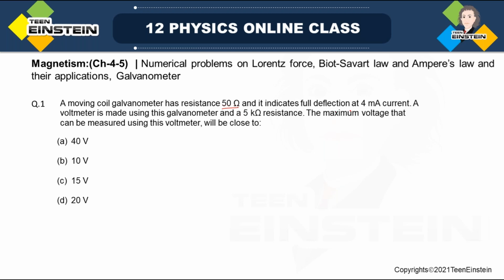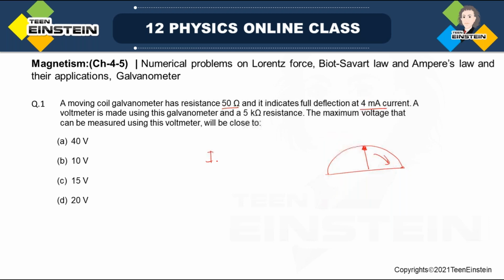It indicates full scale deflection at 4 milliampere current. So what does this mean? Full scale deflection. If you have a galvanometer, when the needle shows full scale deflection, that means it goes either way up to here and here. Full scale deflection means the galvanometer can allow you maximum this much current.